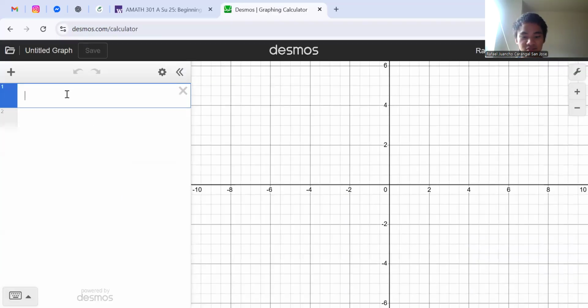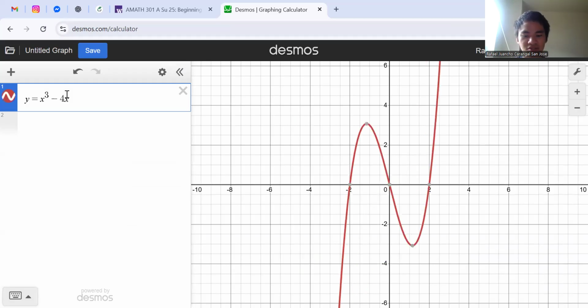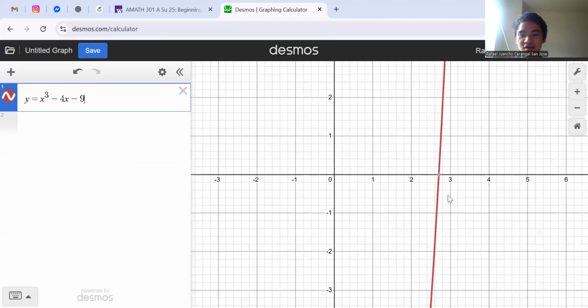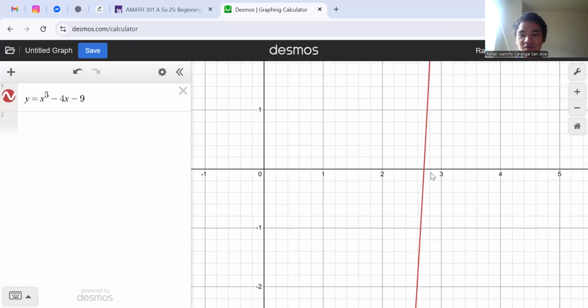Y equals x cubed minus 4x minus 9. Yes, it wants me to find a root between 2 and 3. Here we found it: 2.70653. That's a very long number, definitely not analytic. That's a numerical approximation.